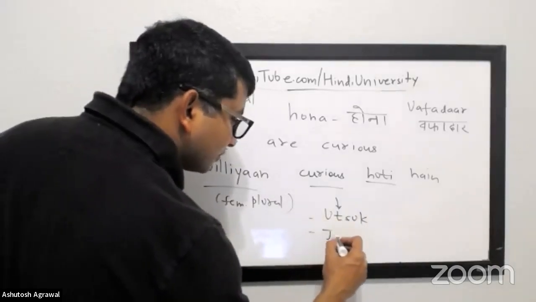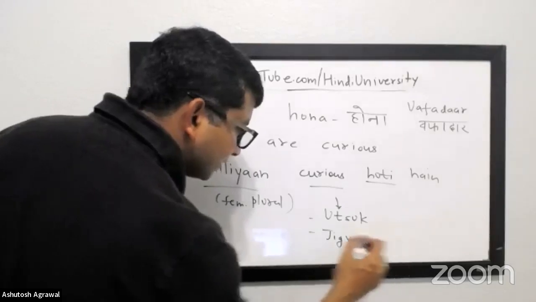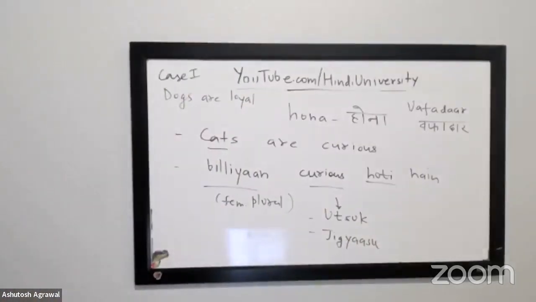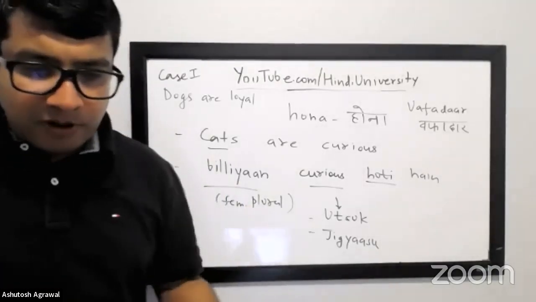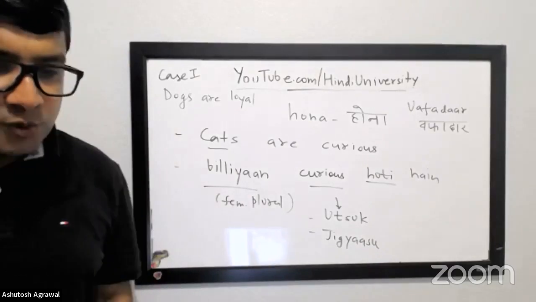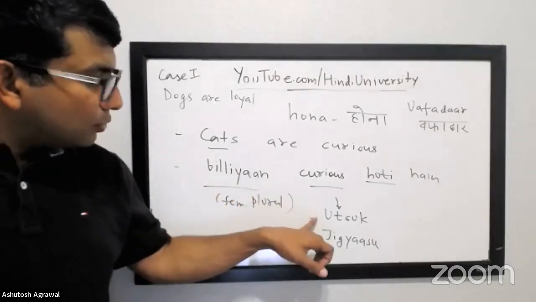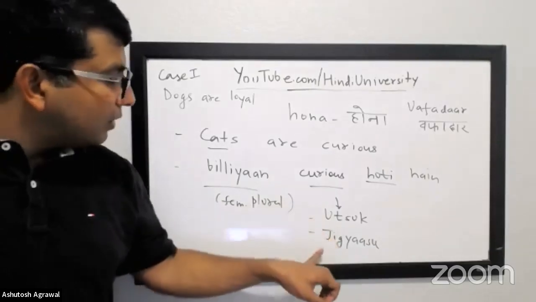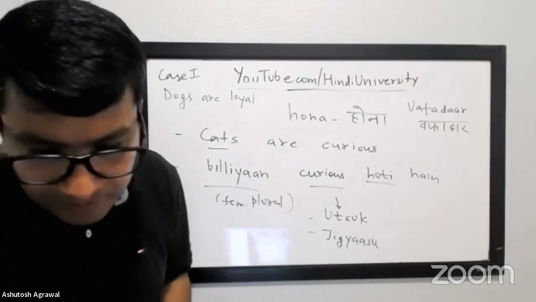So some of you use the word jigyasu. It's a more formal word, okay, both of them. So just like, if you speak slowly, it'll come across just like how native speakers will say it or understand it, right? So either you can say बिल्लियाँ उत्सुक होती हैं and बिल्लियाँ जिज्ञासु होती हैं.